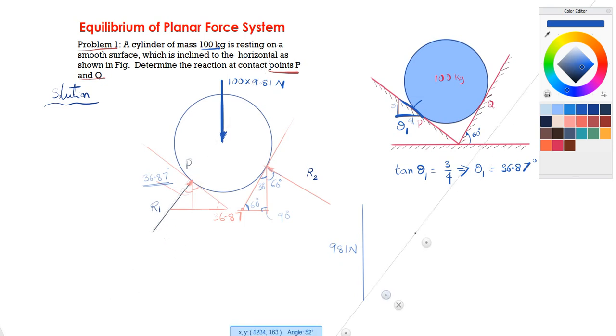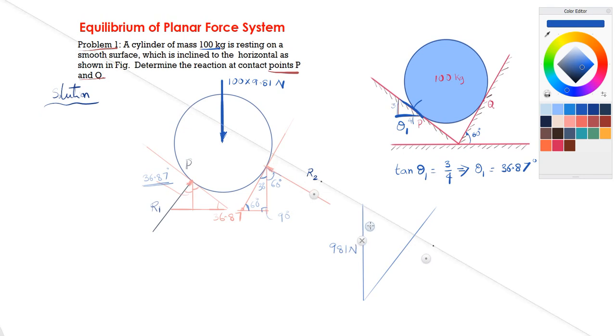We will draw like that and leave it, and then we'll take one more force, that is R2, which is parallel to this line of action here. As we know, that angle is 30 degrees with the horizontal, or 60 degrees with the vertical.